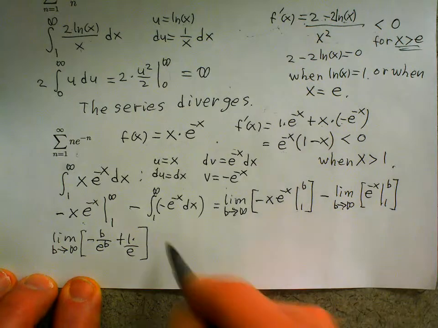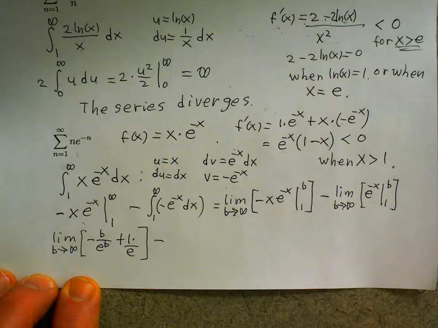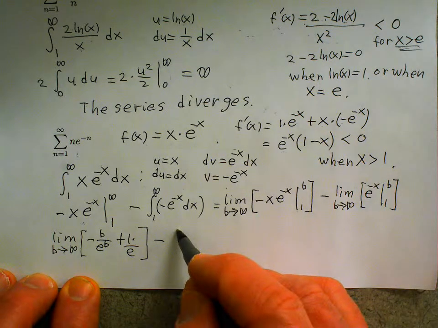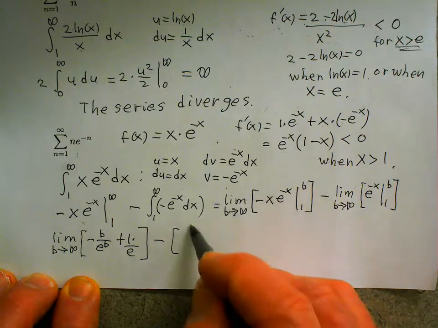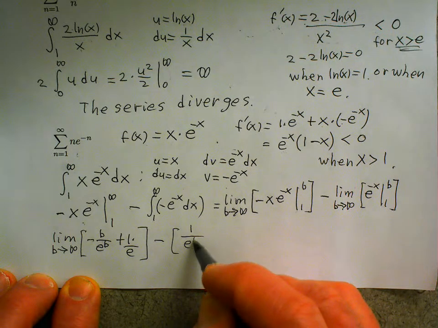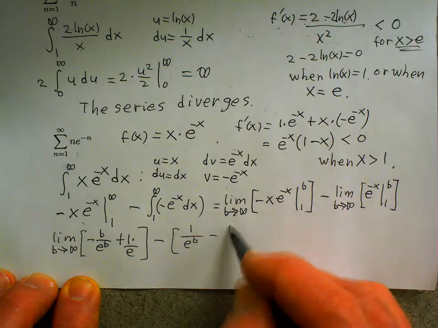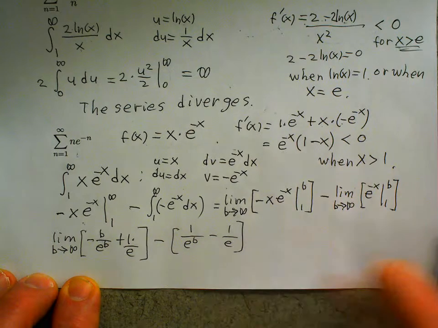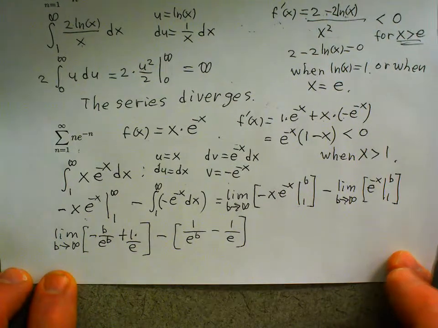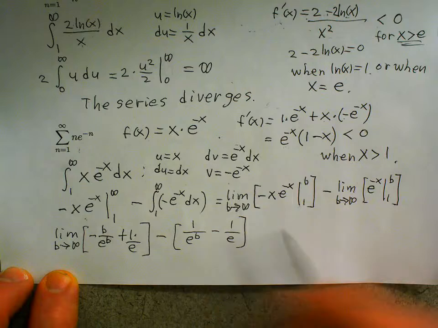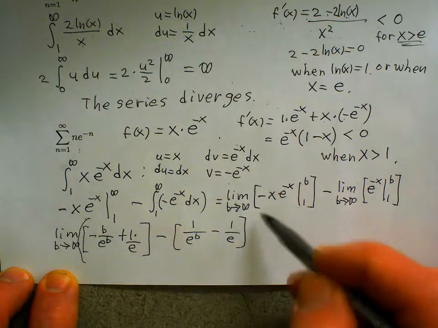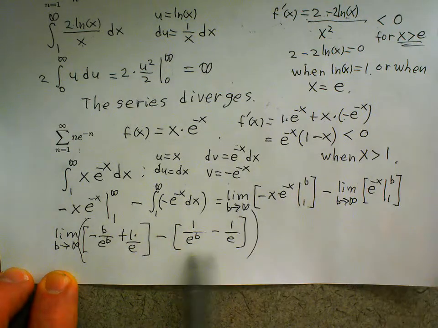And then the other one, we're subtracting 1 over e to the b minus 1 over e. This is also as b goes to infinity.